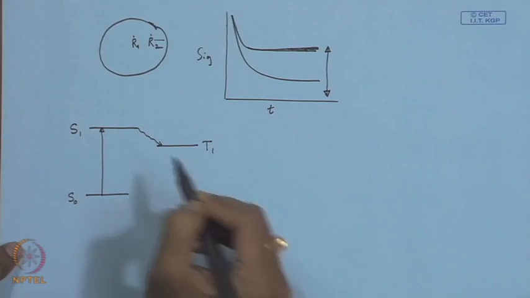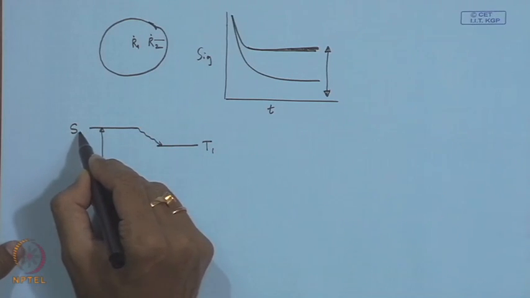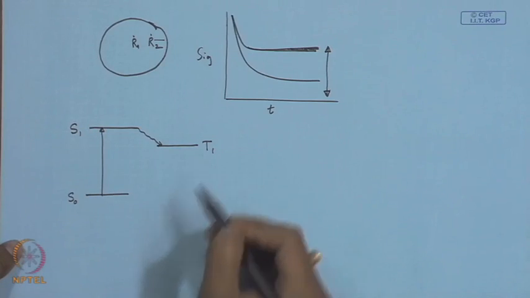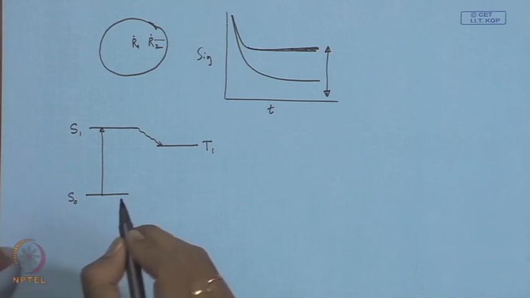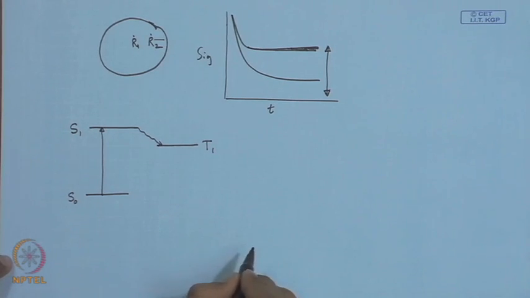For this type of molecular singlet-triplet transition, you do not expect any effect of an external magnetic field. But when it is a question not of molecular triplet but of radical pair triplet or radical pair singlet, then you can expect a magnetic field effect.